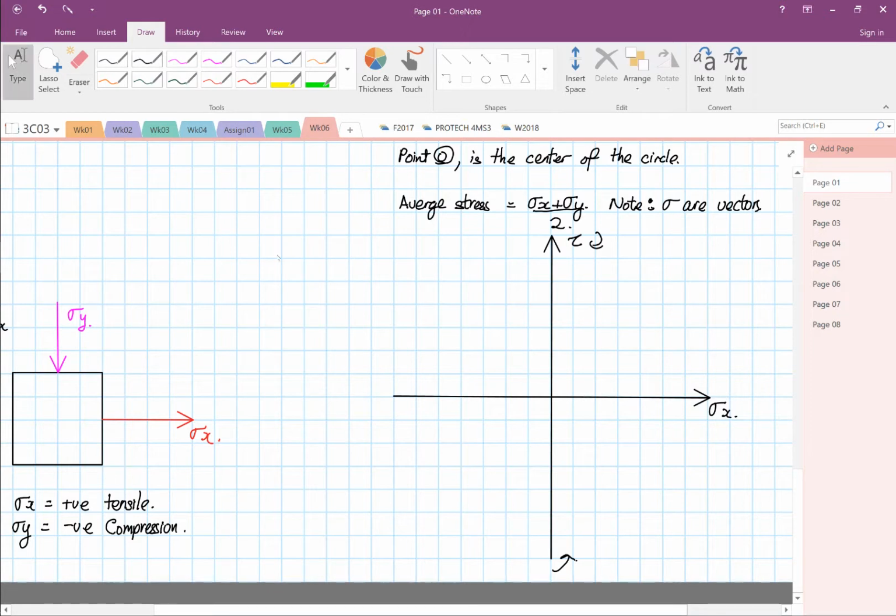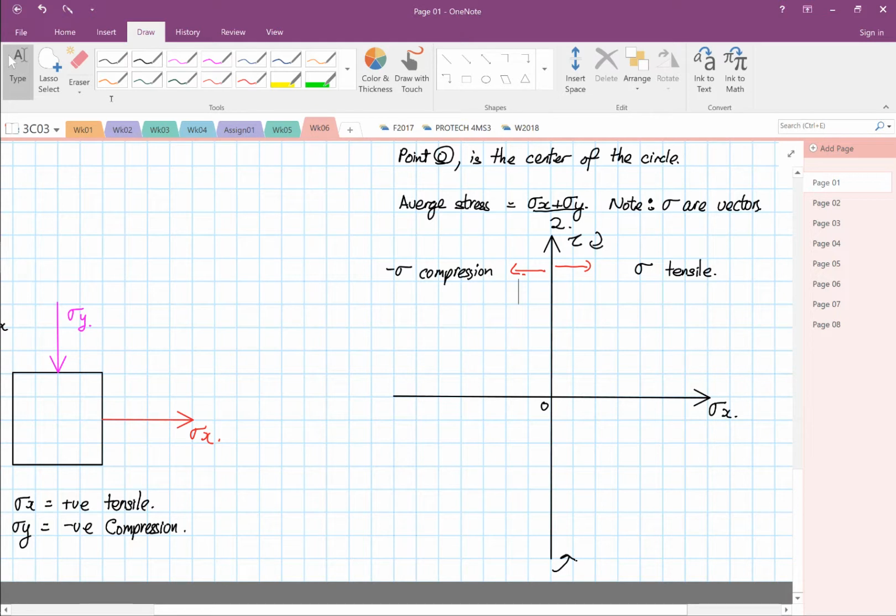For now they are still arbitrary numbers. When it's tensile, if this is 0 on the normal stress, tensile is on the right hand side, and on the left hand side, the negative, is compression. So on one side is going to be positive, and the other side is going to be negative. So now we know that stress X is going to be positive.